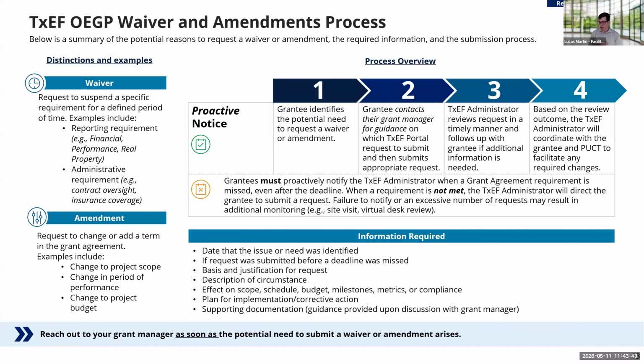It runs the gamut on what types of information will be needed, but do anticipate that if it's a change to a project scope or a period of performance, the documentation that we've been working through with you all for the last several months will need to be updated to reflect that. And then you'll need to have supporting documentation to justify the need or the shift for those things. So I just want to make sure that we note that as well.